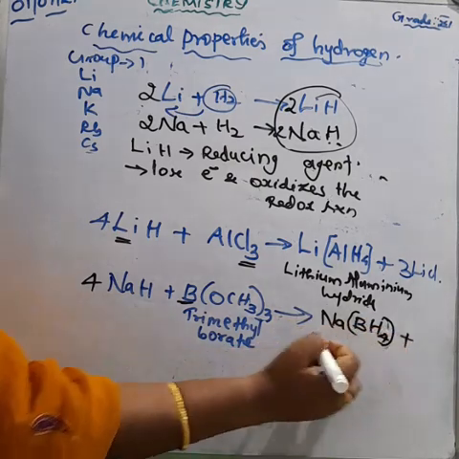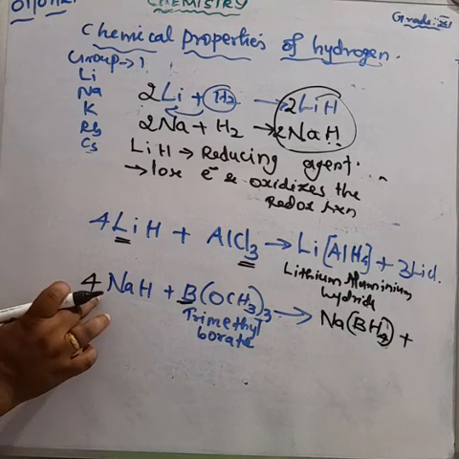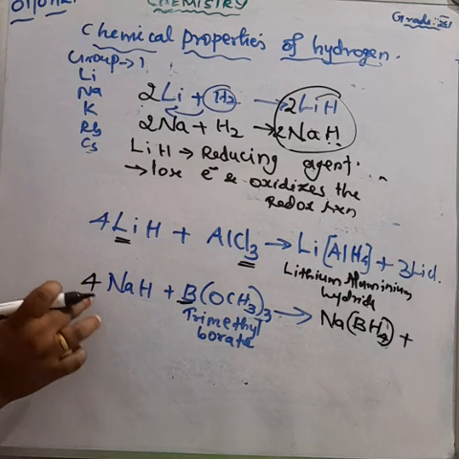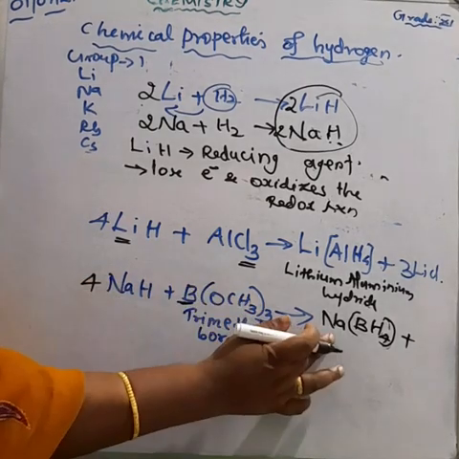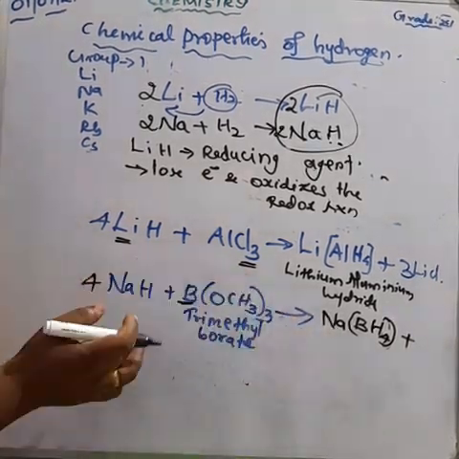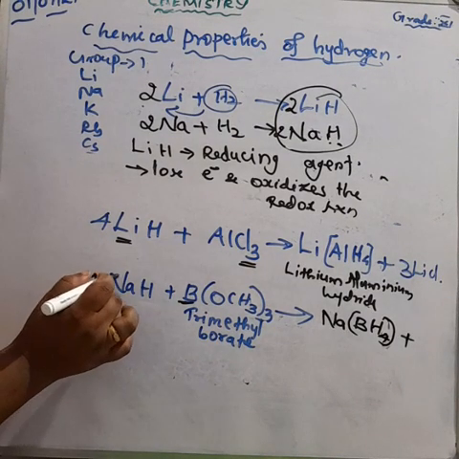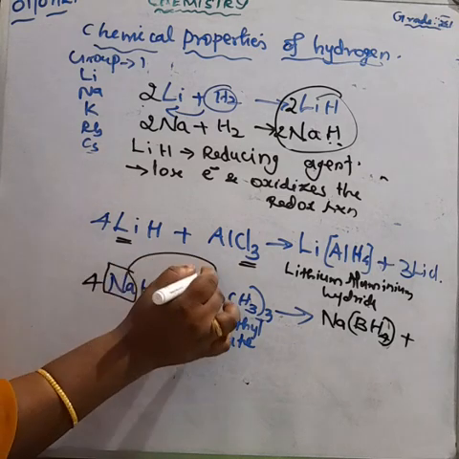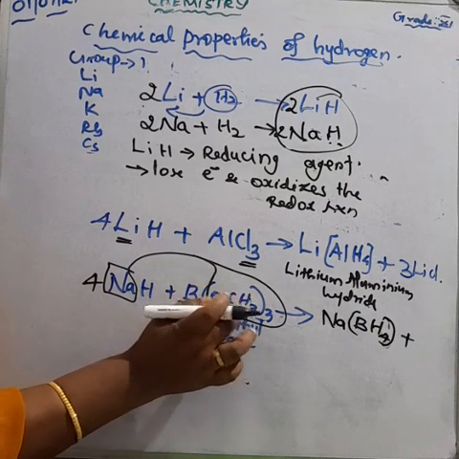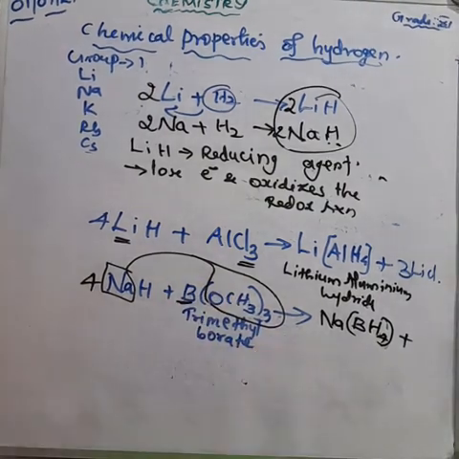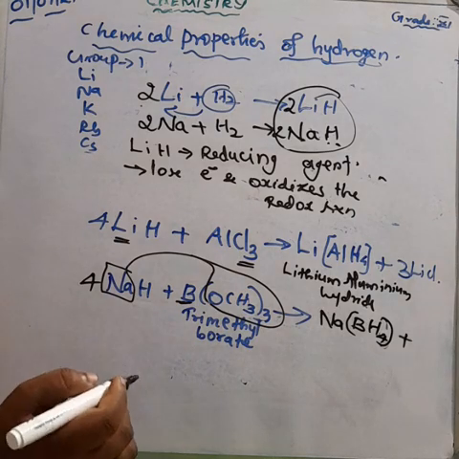What is the remaining product here? The byproduct. Only 1 sodium we have taken here, but the remaining 3 sodium atoms combine with the 3 methoxy groups to form sodium methoxide.